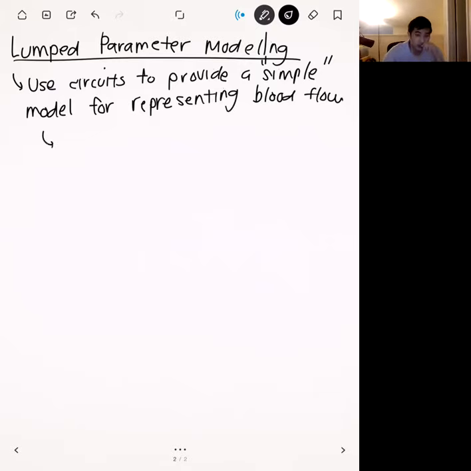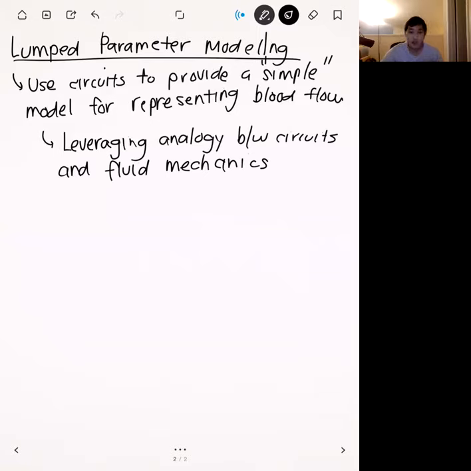Basically, if you have a certain blood vessel, whether it be branching or something like that, we can represent it as a certain circuit type.